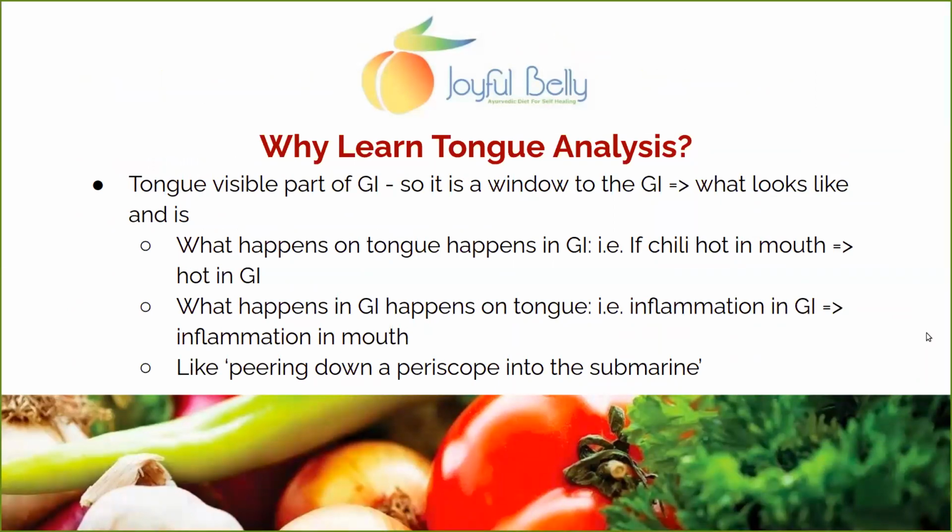So if you eat a hot chili and the chili is very spicy, it's going to be hot in your GI tract as well. And you may even feel the heat in your elimination the next day. So what happens in the GI also happens on the tongue. If you have inflammation in your GI, you might see signs of that on the tongue itself.